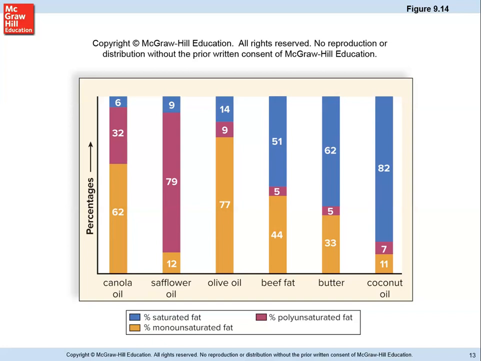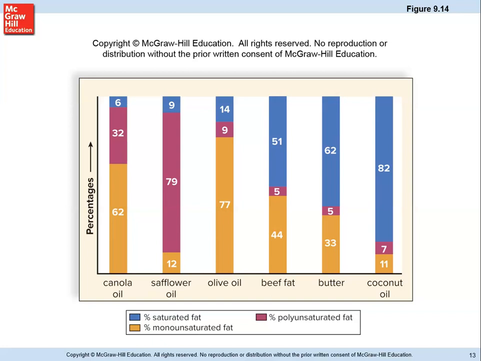Another perspective on health here is what you eat. What you eat has a lot to do with your health, and this is just a comparison of some different fats. In the world of fats, there are saturated fats and unsaturated fats. And in the world of unsaturated fats, you can have mono or poly.